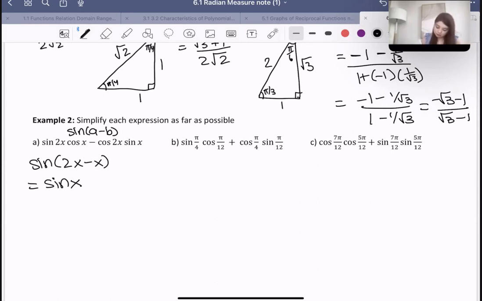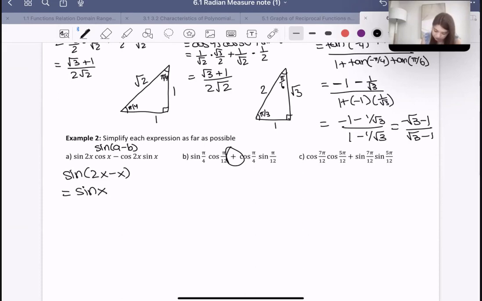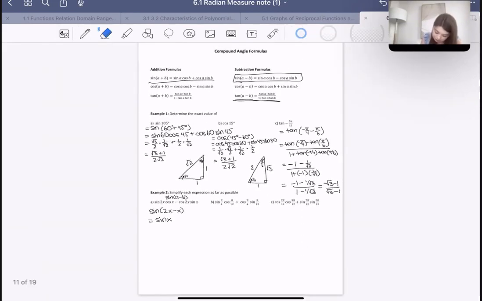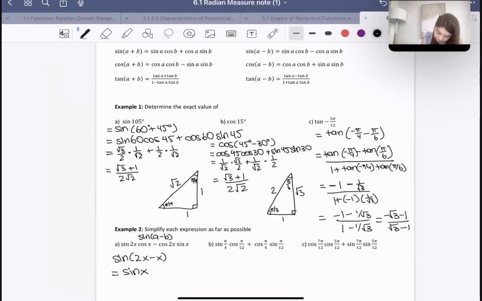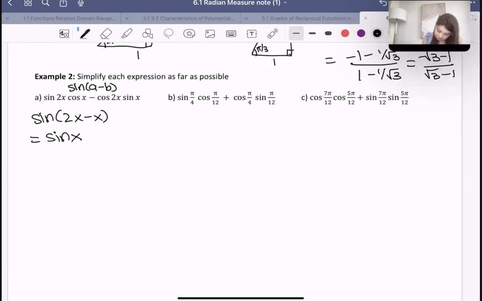This next one also looks like it would be sine A minus B, except we have a plus here and not a minus. So maybe that would be plus B. Yes, that would be this one right here, because we have a plus. So let's do that one.